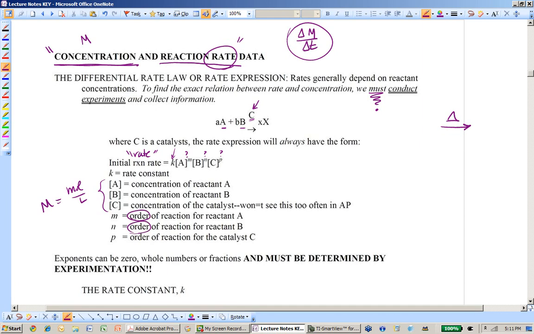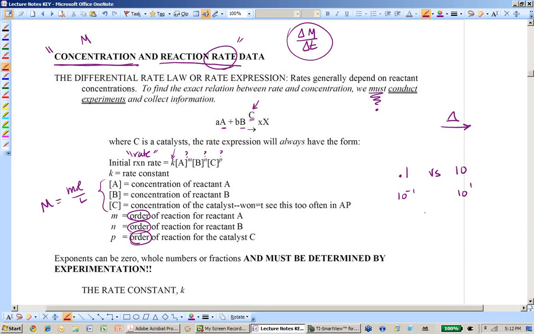Okay, let's talk about that word for a minute. I didn't make this word up, I promise. Order. My hypothesis is it's sort of like the fact we talk about being off by an order of magnitude. Like if I had 0.1 versus the number 10, and I wrote this as 10 to the minus 1, and I wrote this as 10 to the 1, the difference is 2, because we went minus 1, 0, and 1.